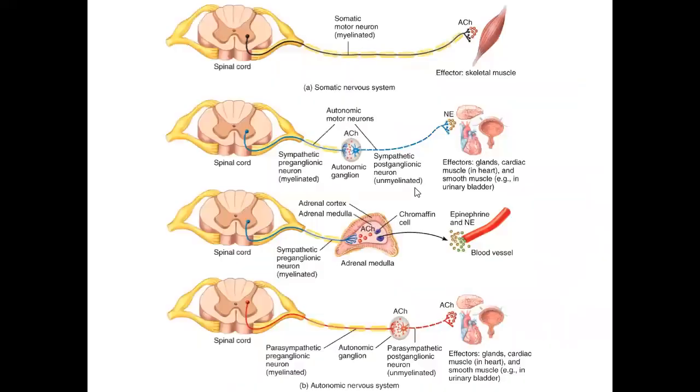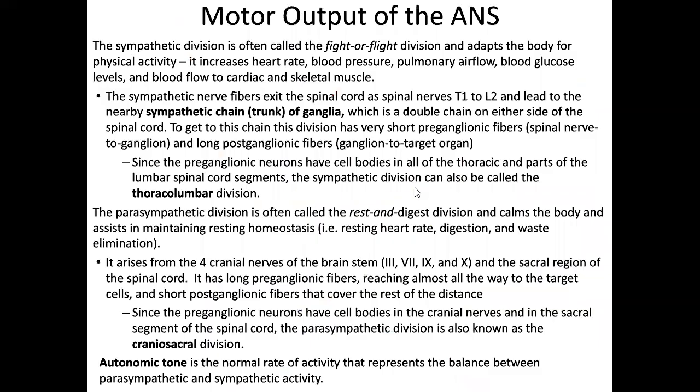Since the first neuron typically only goes out of the spinal column to those two chains, the first neuron of the sympathetic nervous system is typically very short. The preganglionic neurons are usually short, and then traveling to the target organ, we typically have long postganglionic fibers.